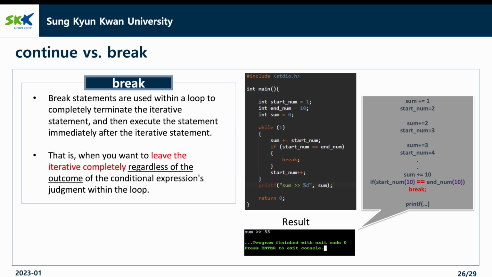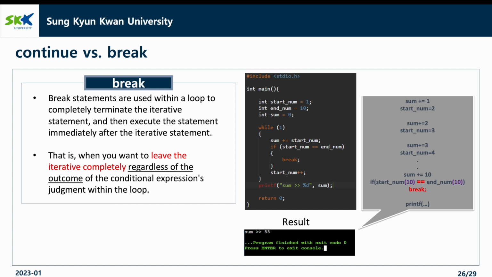Next, break statements are also used within a loop to completely terminate the iterative statement and then execute the statement immediately after the iterative statement. That is, when you want to leave the iterative completely, regardless of the outcome of the conditional expression's judgment within the loop.